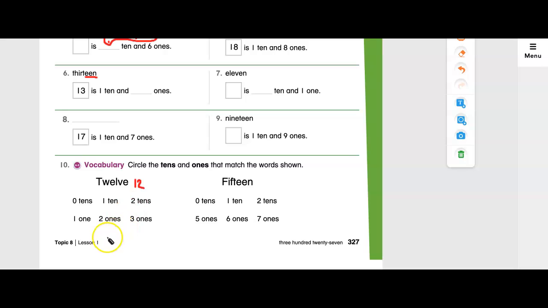Then how many ones are there? Are there 1, 2, or 3 ones in the number 12? You will circle one choice in the top row and one choice in the bottom row to tell how many tens and ones there are in the number 12.